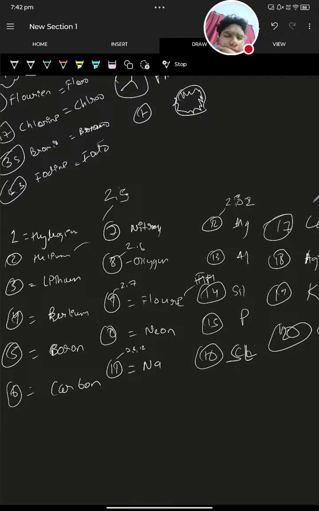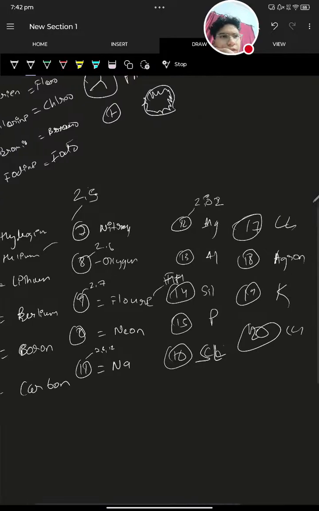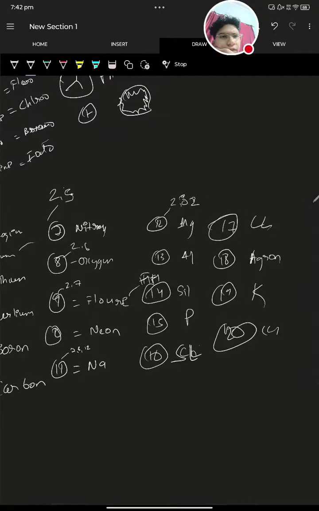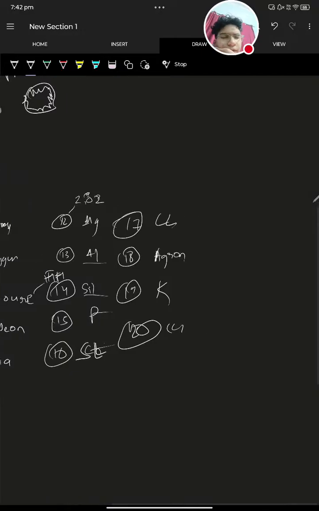Sodium, magnesium, aluminium, silicon, phosphorus, sulfur.